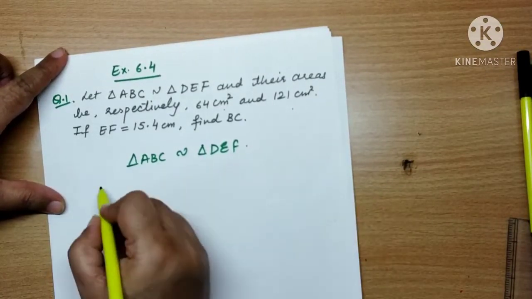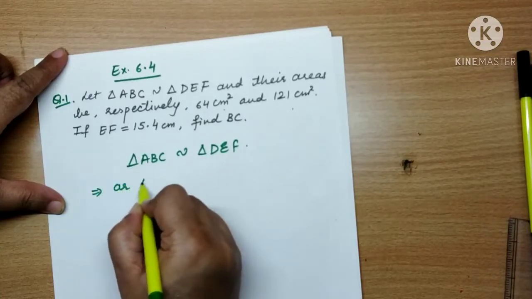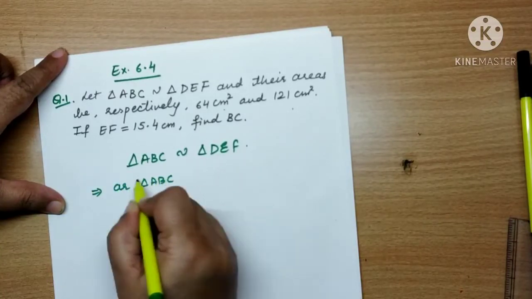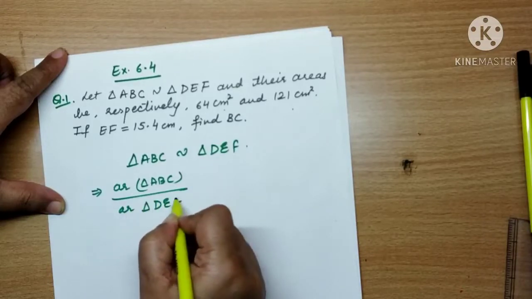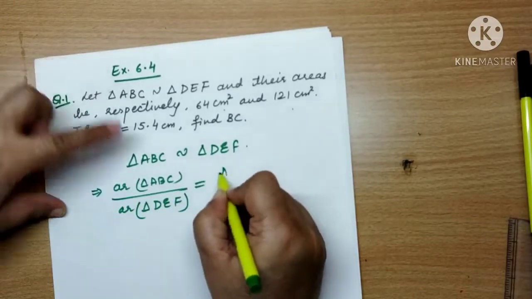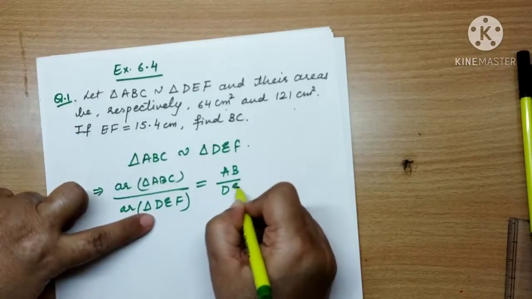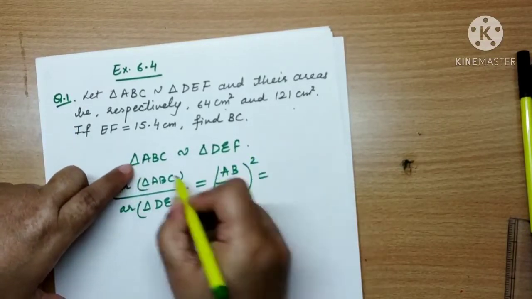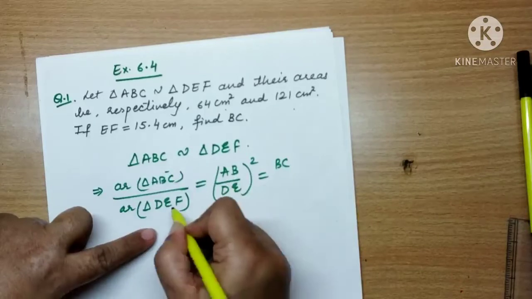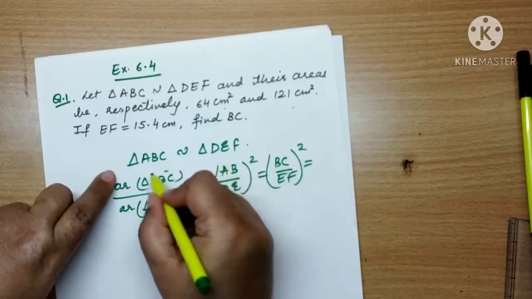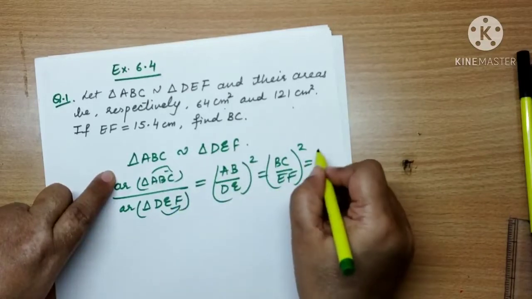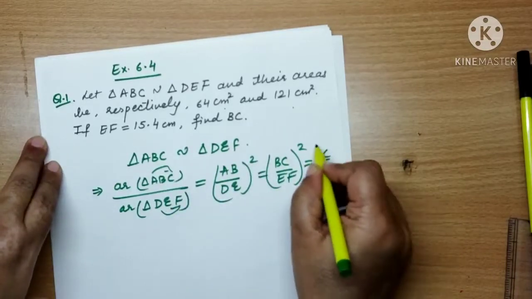So triangles are similar implies area of triangle ABC by area of triangle DEF is equal to AB by DE square, equal to BC by EF square, equal to AC by DF square.